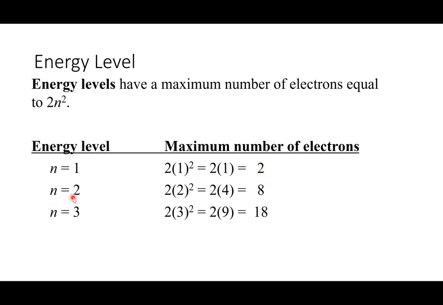The second bookshelf, n equals 2, so we take 2 squared, which is 4, and then multiply 4 by the number 2, which is 8. The second bookshelf holds 8 books, so on and so forth.